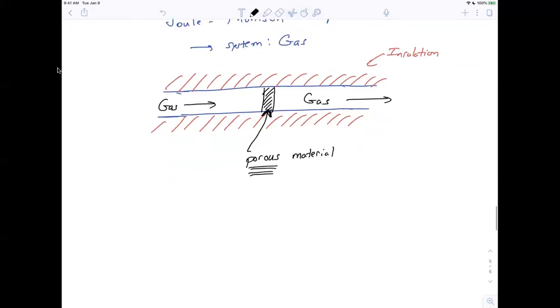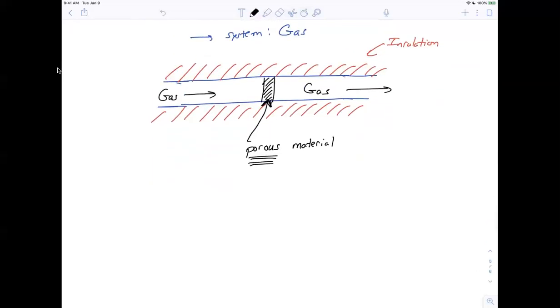All right, so let's start. So that's the system setup. On this side, we have some pressure, which is constant. So on the left-hand side, we're going to have some pressure that's constant. We can call it pressure left. And on the right, there will be some other pressure. So this gas is flowing through this conduit, and it's coming in at P sub L, P left.